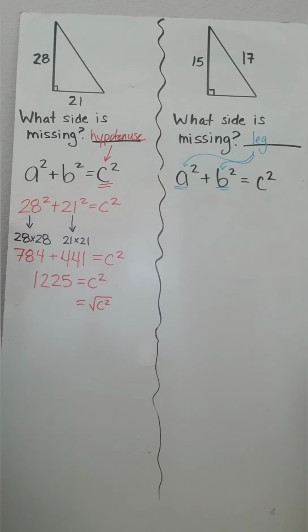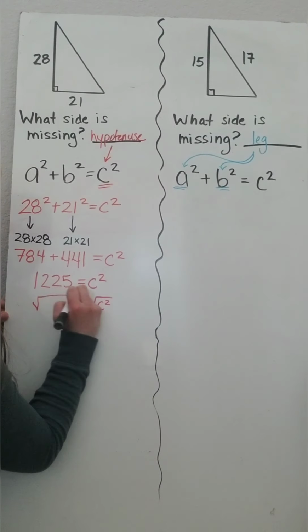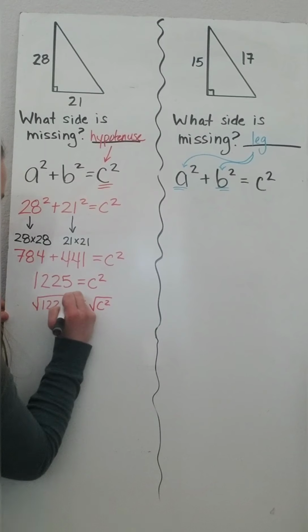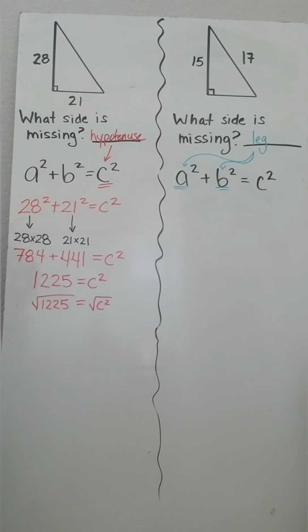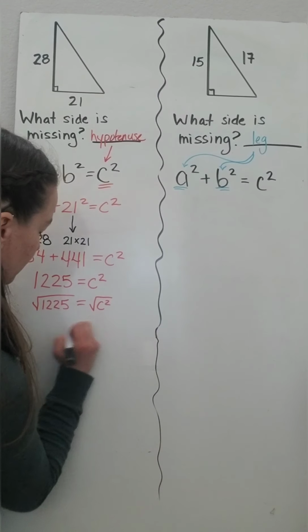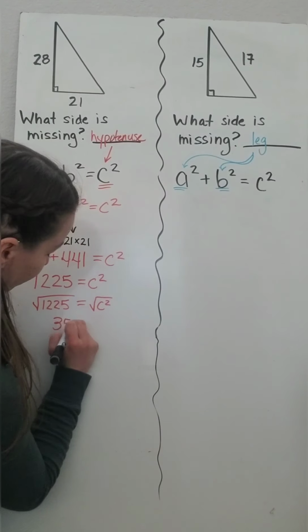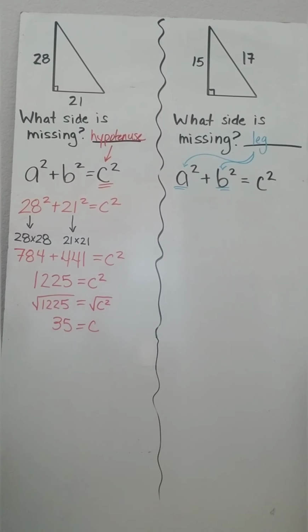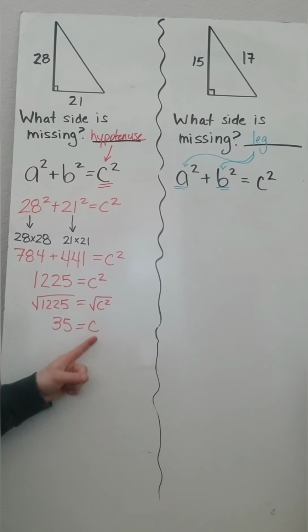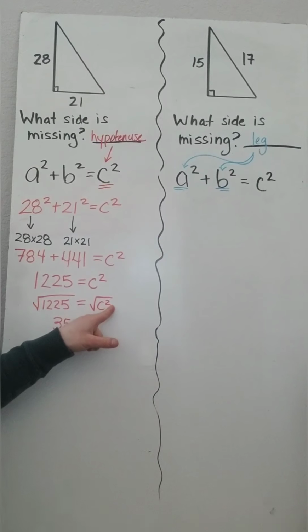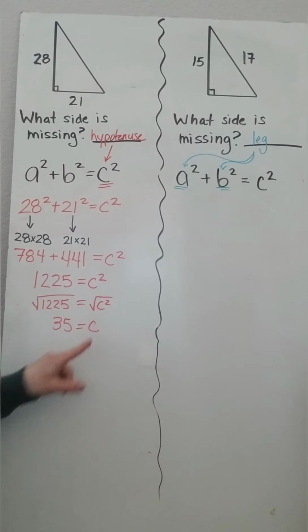But since we're taking the square root on one side of our equation, we have to do the same thing on the other side to maintain that balanced equation. After taking the square root of 1,225, you are left with 35 equals C. The reason we're left with C is because the square root undid that squaring, leaving you with just C.